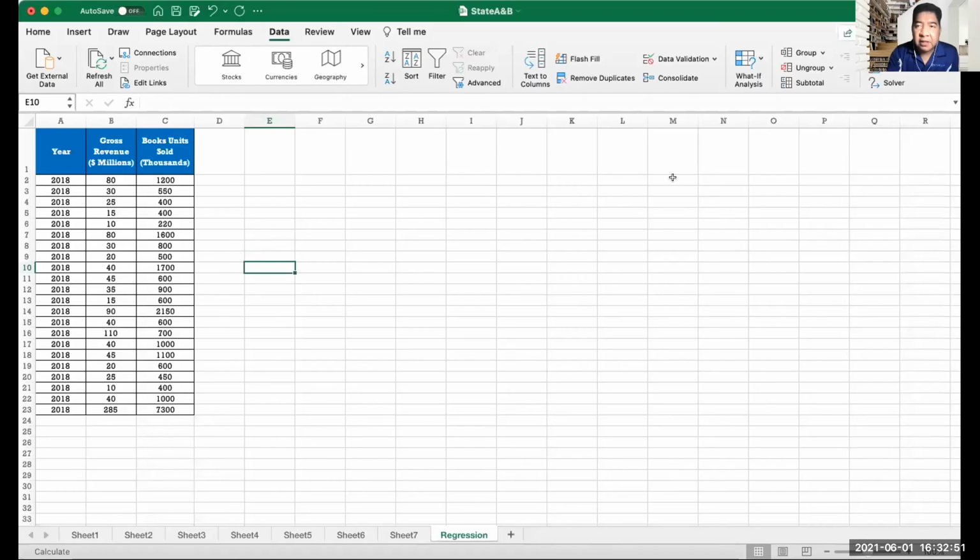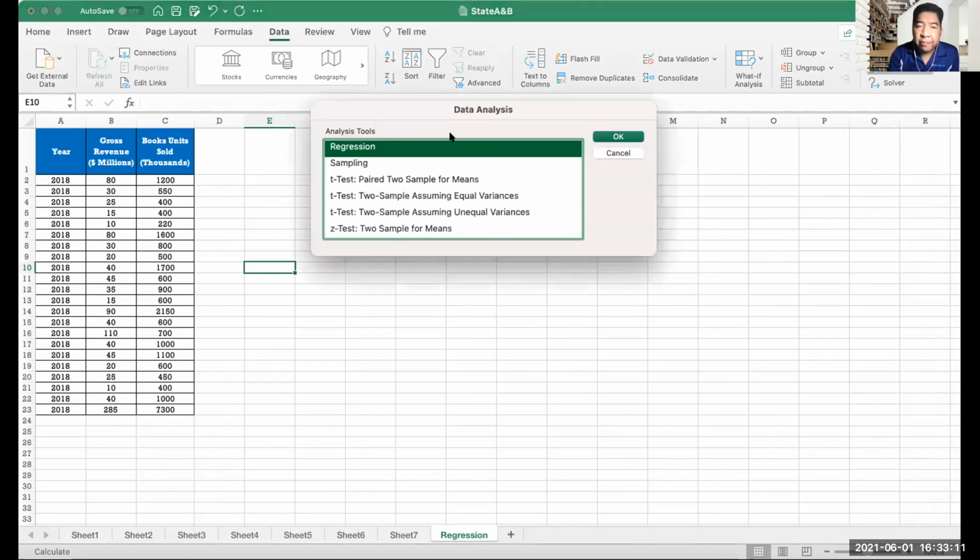These are the data given in that question. What we need to do is get the regression line. Let me show you first how to do regression analysis using Excel. First, if you see this, data analysis, click that, choose regression.